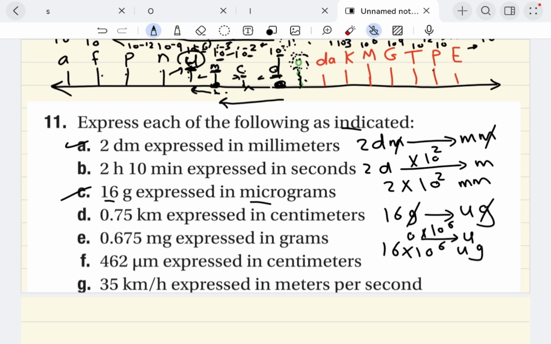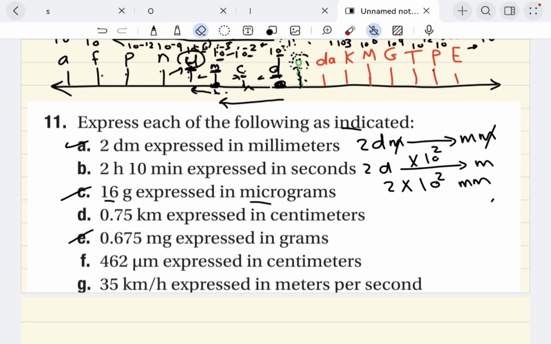Let's take another example. Here, for example, number E. He asked to convert 0.675 milligram to gram. Again I will cancel gram, so it's from milli to 0. Where is milli?